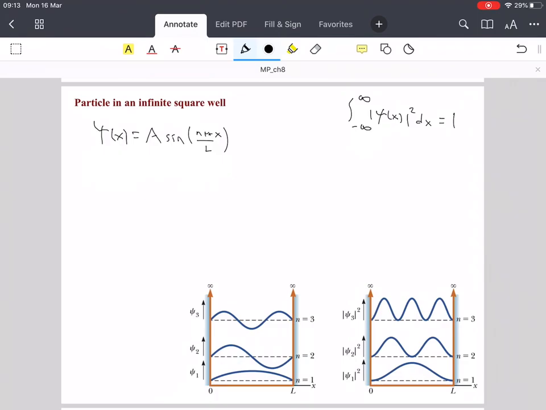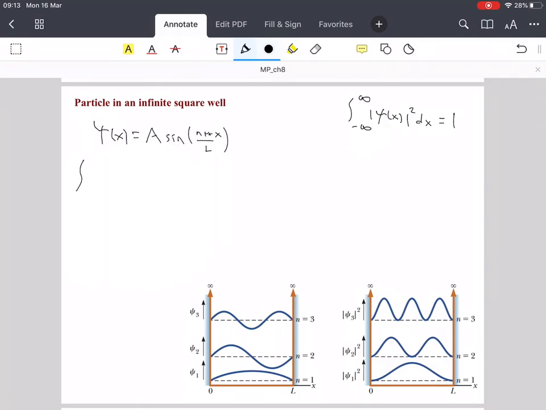Now this infinite potential well simplifies the issue because those points at 0 and at L, the boundary, where the potential goes to infinity, means that the wave function really has to go to 0 at those points. And so the particle can only be found from 0 to L. So that makes life easier.